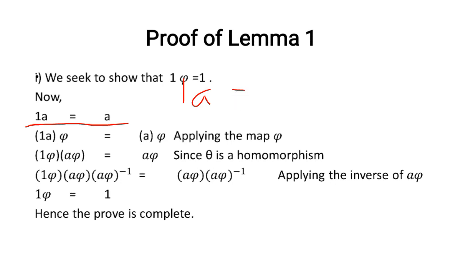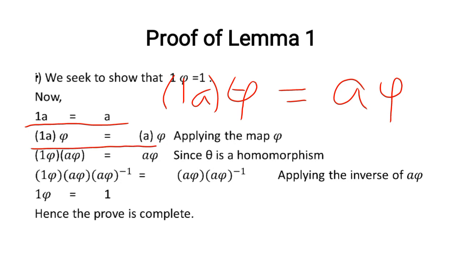If I decide that the map, phi, I want to let phi act on my right hand side. It means it must act on this right hand side too. Whatever I do to my left, I do to my right. So that's how I got this next step you see here. And you also know that this phi is the homomorphism.